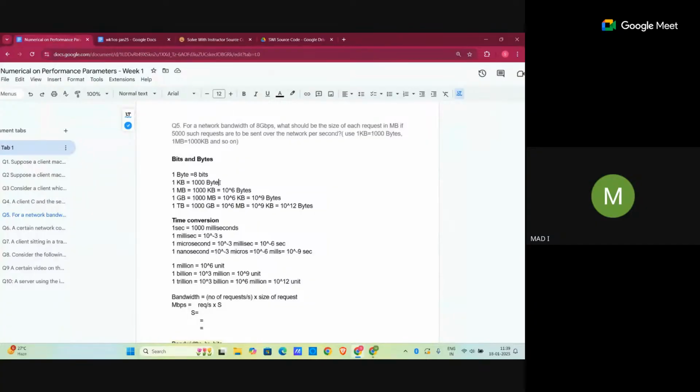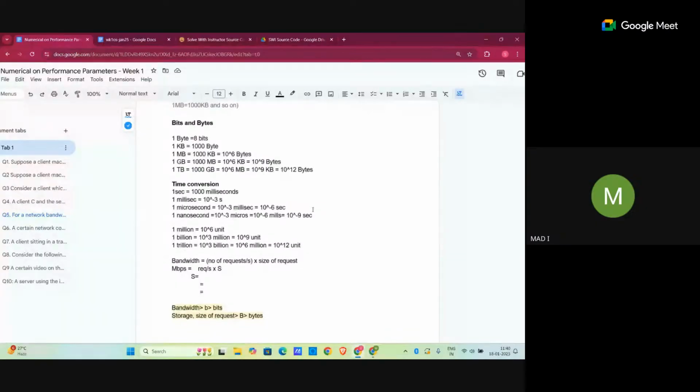So even if it is not mentioned, we will take 1000 only for the calculation. 1 kilobyte is equal to 1000 bytes. 1 megabyte is equal to 1000 kilobytes, or 10 to the power 6 bytes. 1 gigabyte is equal to 1000 megabytes, or 10 to the power 6 kilobytes, or 10 to the power 9 bytes. 1 terabyte is equal to 1000 gigabytes, or 10 to the power 6 megabytes, 10 to the power 9 kilobytes, or 10 to the power 12 bytes.